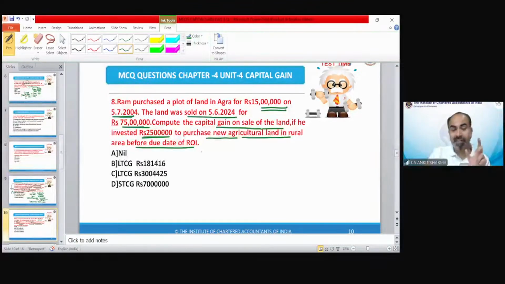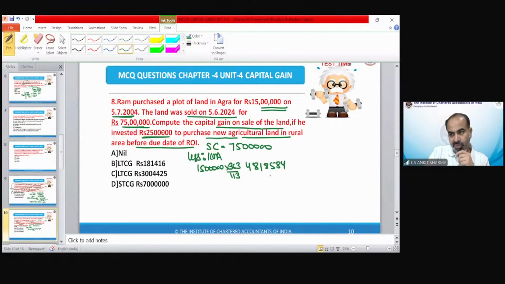Now this is a very, very interesting question. Let me tell you how. The sale consideration is 75 lakh. Clear? Now, if you calculate the indexed cost of acquisition, that would come to 15 lakh into 363 upon 113. That would be 4818584.